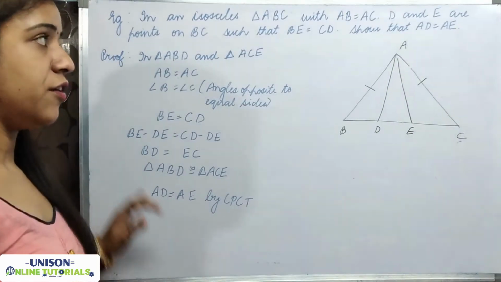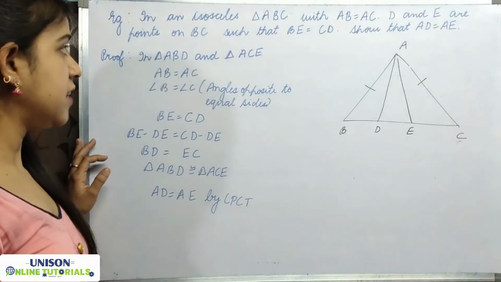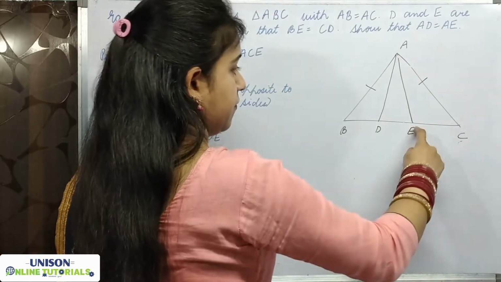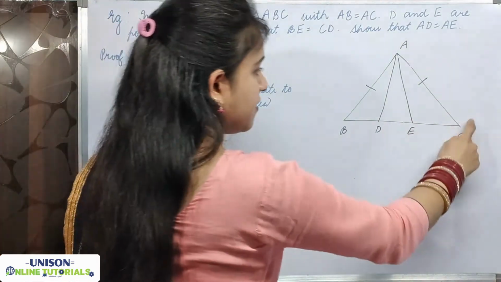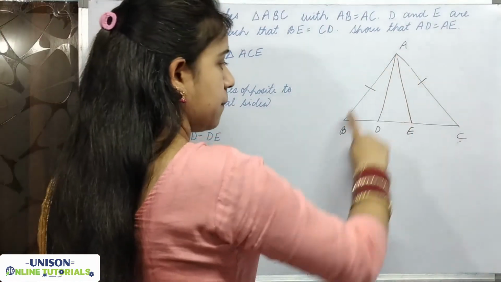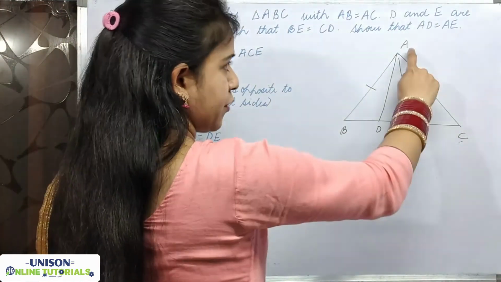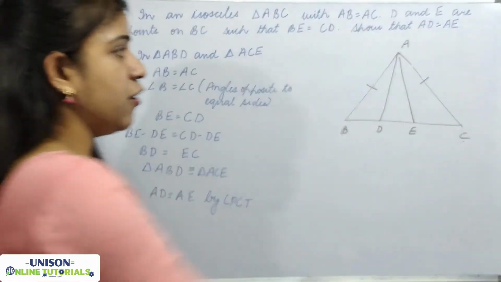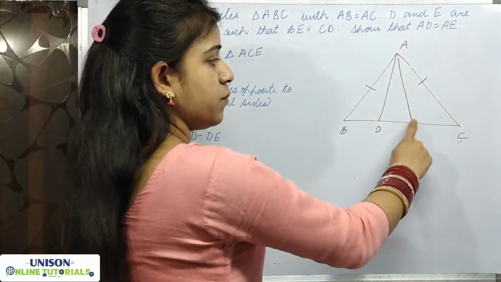So first of all, AD is the side of triangle ABD, and AE is the side of triangle ACE. So first of all we have to prove that triangle ABD is congruent to triangle ACE, and then by using CPCT we can write AD equals AE.